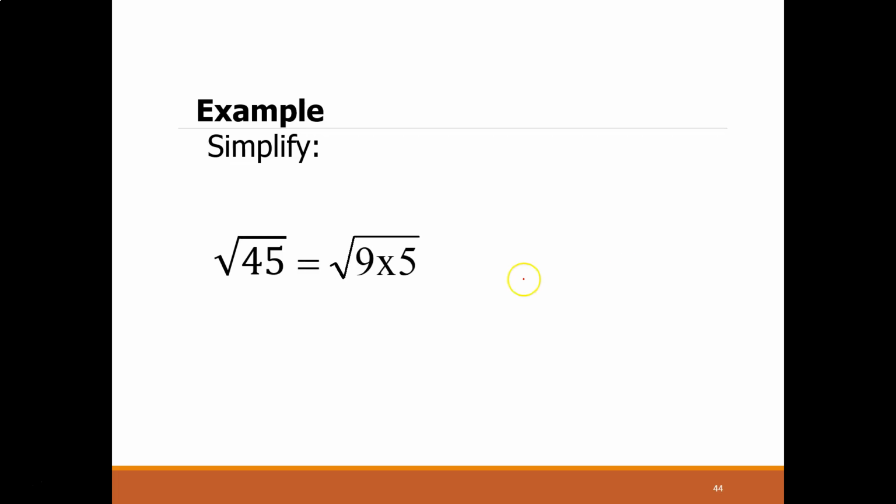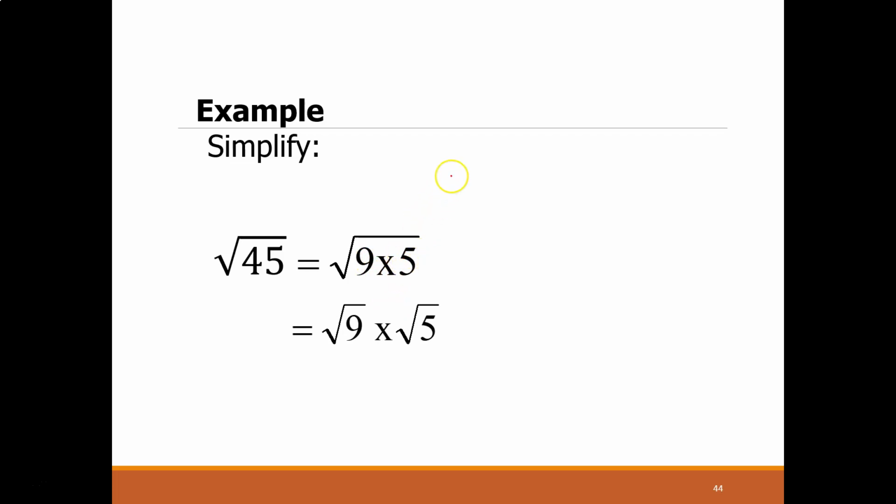Okay, let's see an example. Simplify maksudnya permudahkan. Surd 45. When you have surd 45, it means 9 times 5. Kan? When you have 9 kali 5, you get 45. Then you just put the surd or the square root form. So now this one you can split it up.